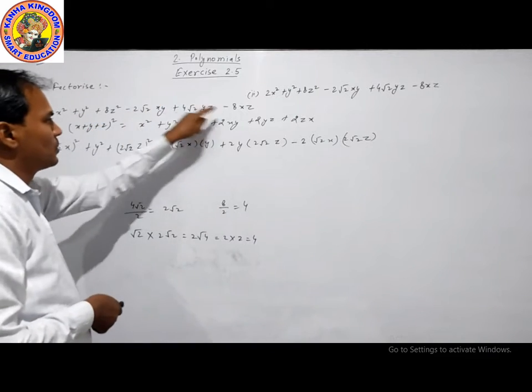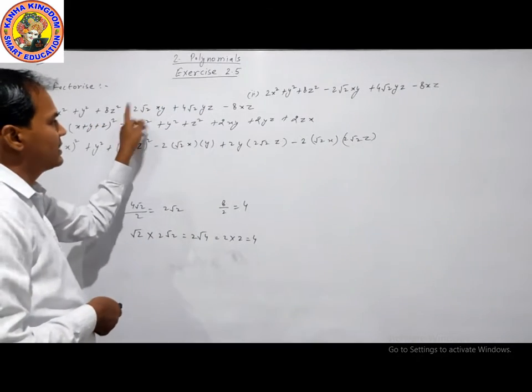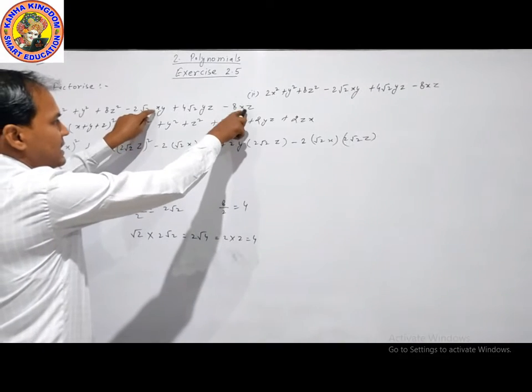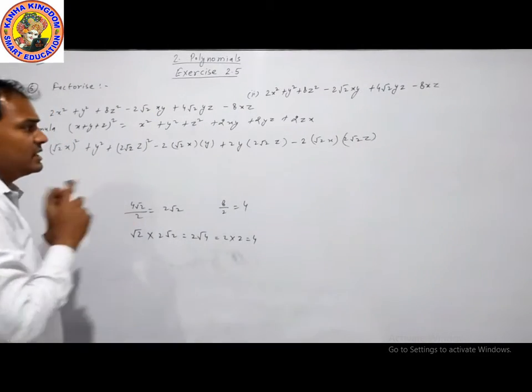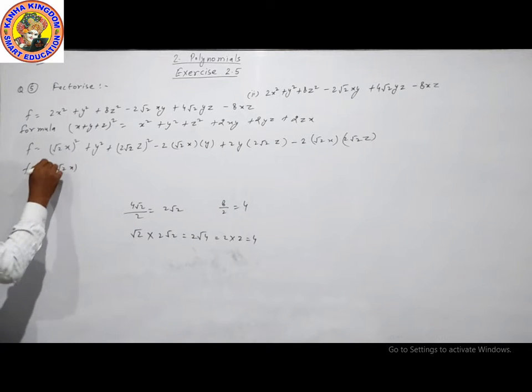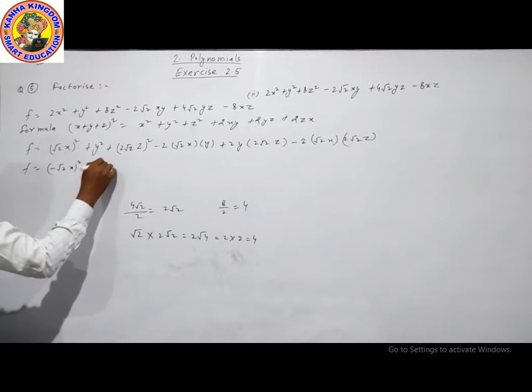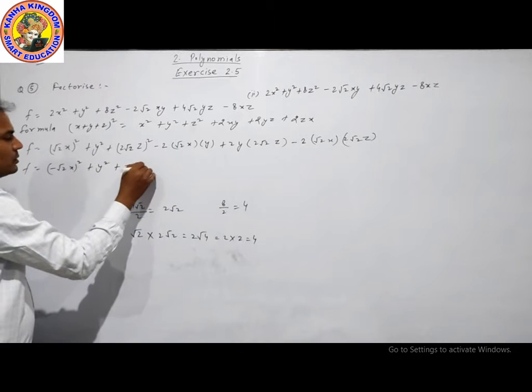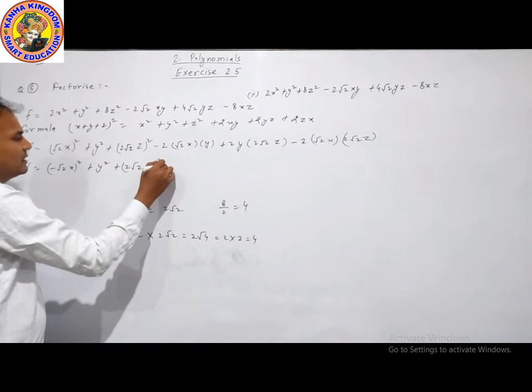Now the minus sign. The common part of these minus terms is x, so in the next line we are making the x in minus sign. Minus (root 2x) whole square, y square, (2 root 2 z) whole square.